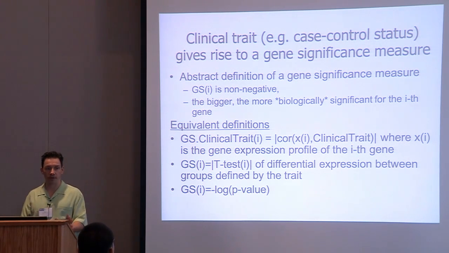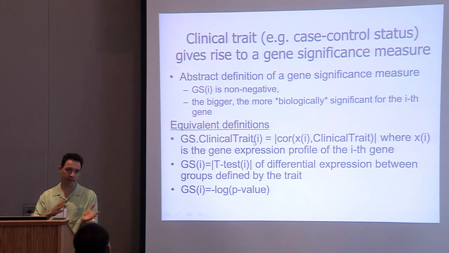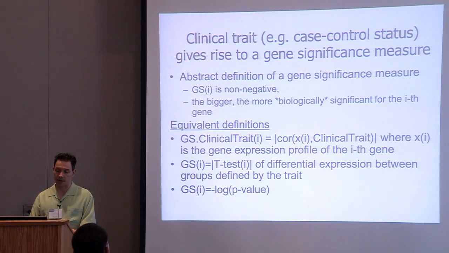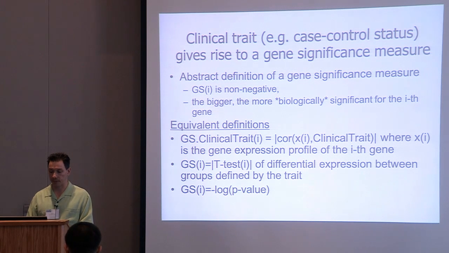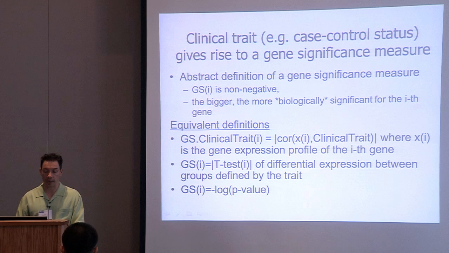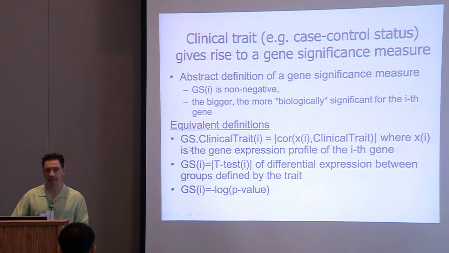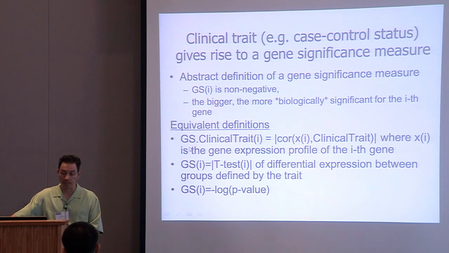Or if you have two groups, you can use a t-test statistic and define for each gene either the absolute value of that t-statistic, or you get a p-value and you take minus log of the p-value. All of these are then gene significance measures based on a trait.